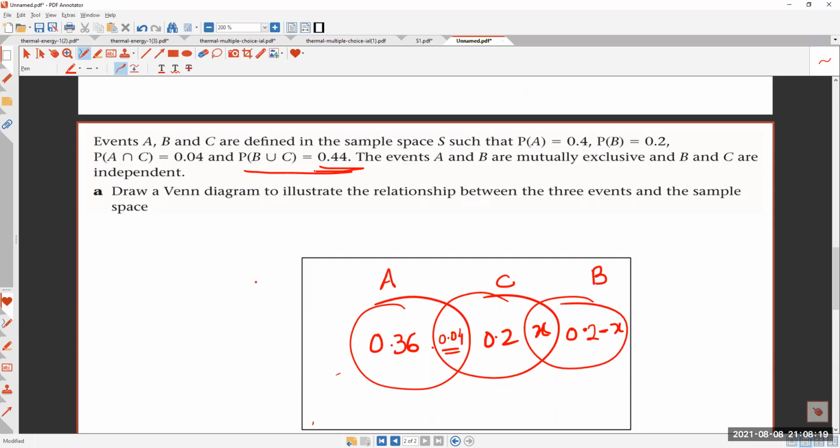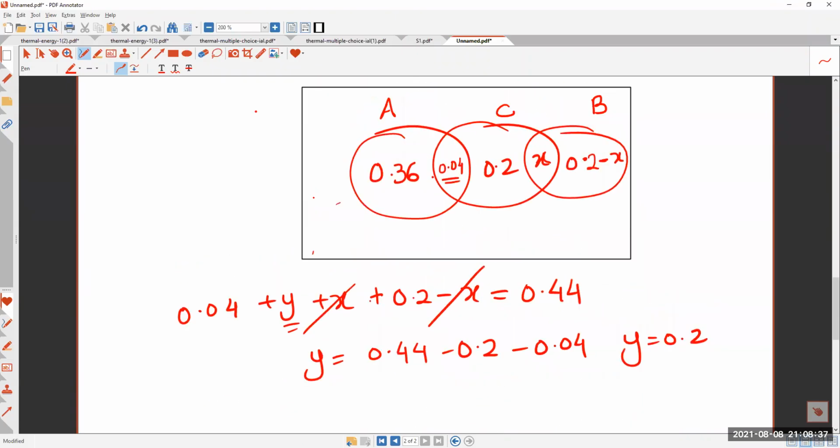So I totaled all of them. Mansha and Saeed, Butsa, Saima, understood? You said B union C, right? Yes, B union C. That means anything inside the circle of B, anything inside the circle of C, you are supposed to add. So I added all of them. After totaling, how much are we getting? 0.44.